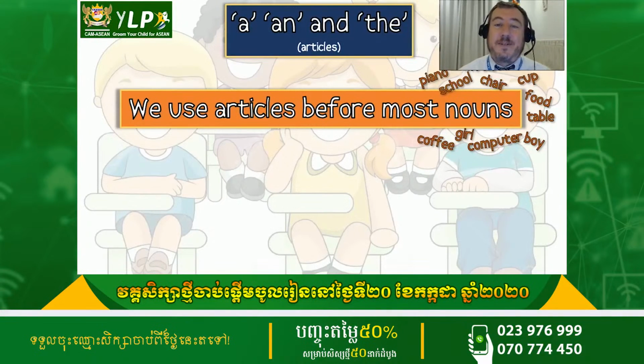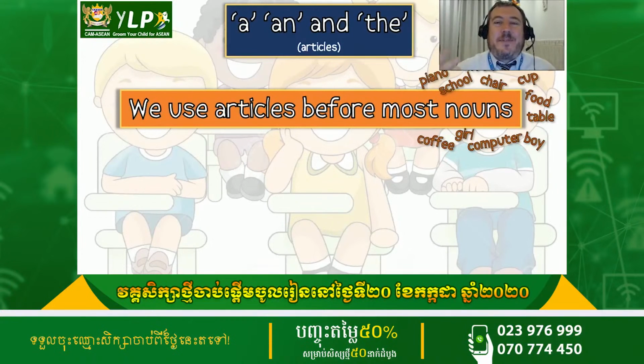Nouns are names of things: people, places, and things. Cambodia is a noun. Phnom Penh is a noun. Teacher is a noun. Pen, speaker, kitchen, apartment, sky, clouds, webcam, computer.